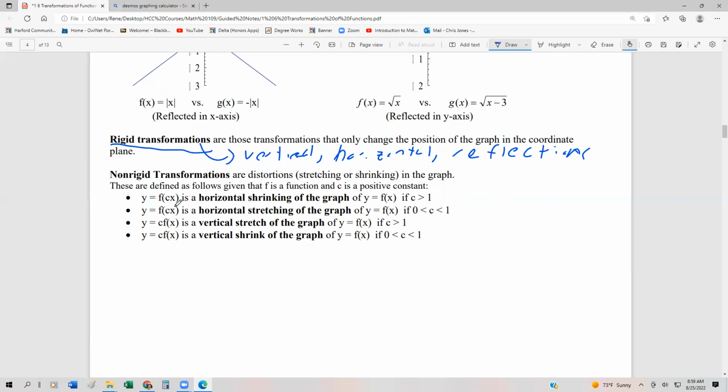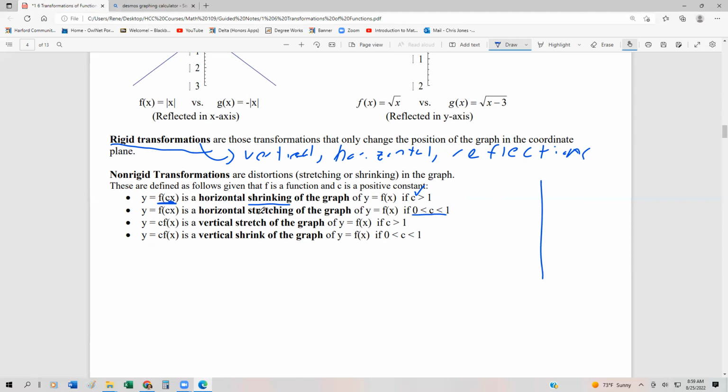And so if for some reason you just go through and say that you're going to multiply everything inside the function by a constant, if that constant is greater than 1, then you're going to have a shrinking of the graph. But if the number is between 0 and 1, that means you're going to stretch the graph out.